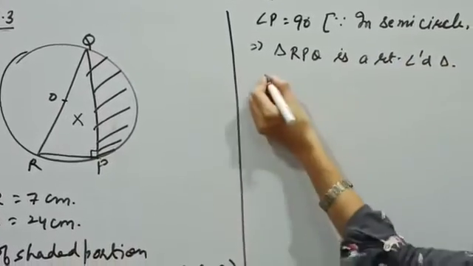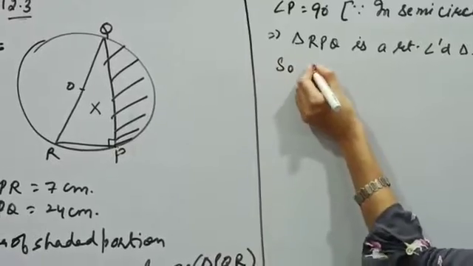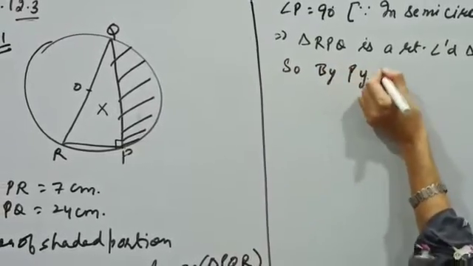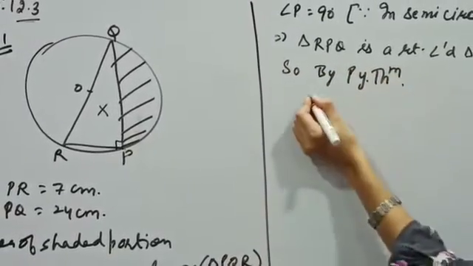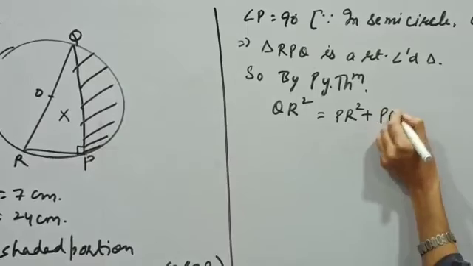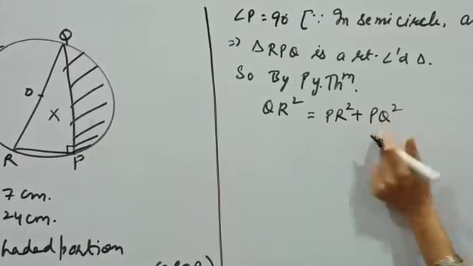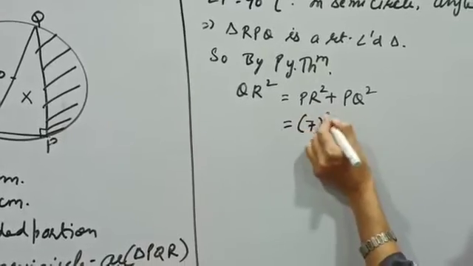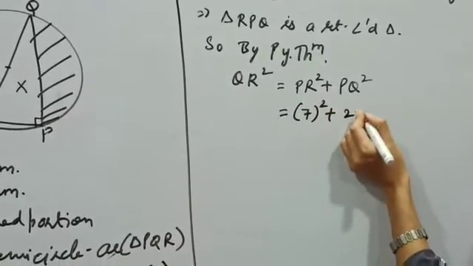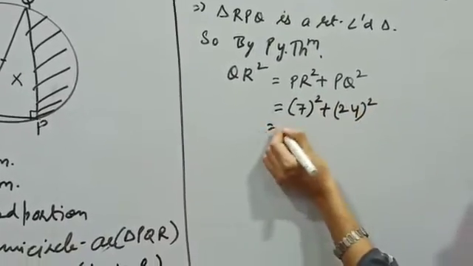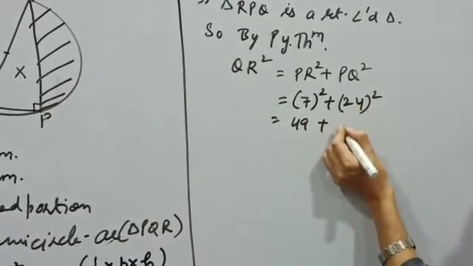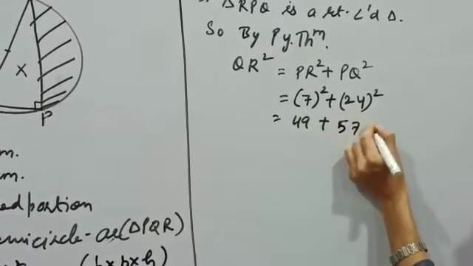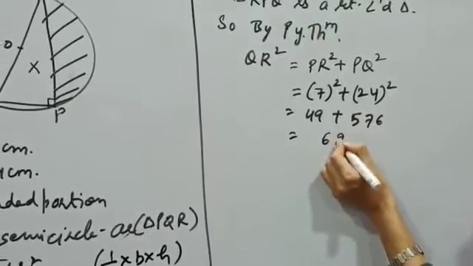So by the Pythagoras theorem, QR square, the hypotenuse square, is equal to PR square plus PQ square, perpendicular square plus base square. So QR square is equal to 7 square plus 24 square. 7 square is 49 plus 24 square is 576, so the sum is equal to 625.